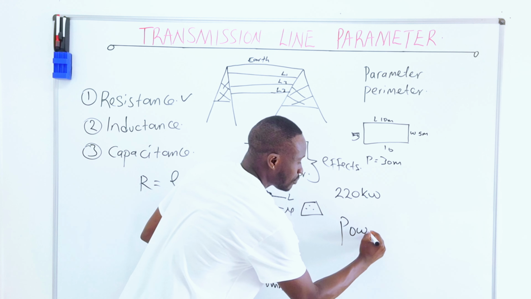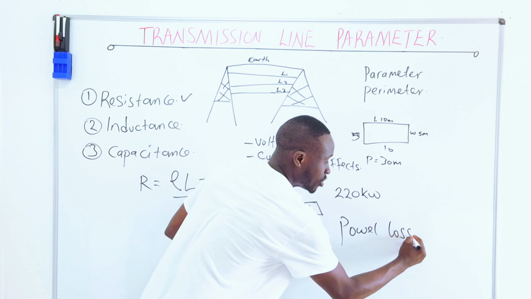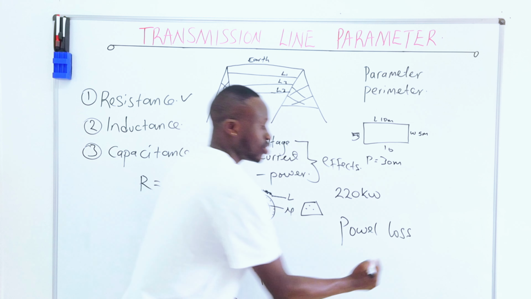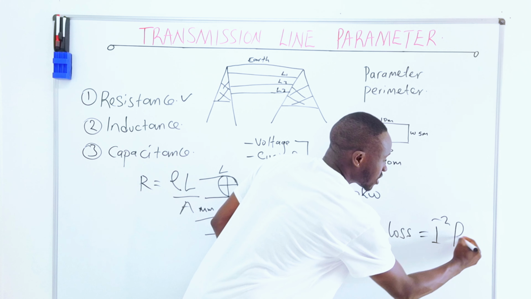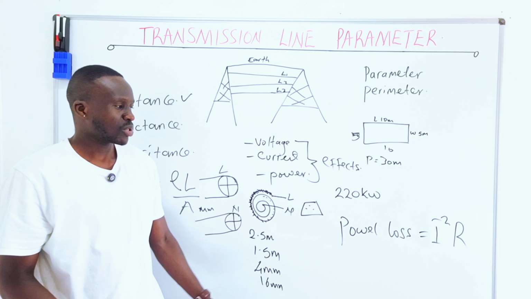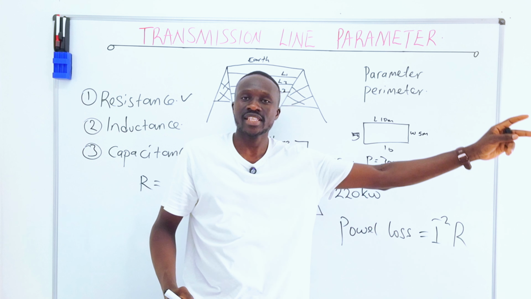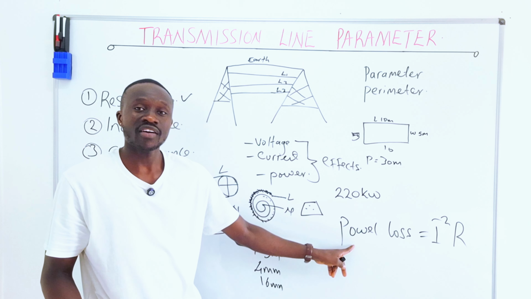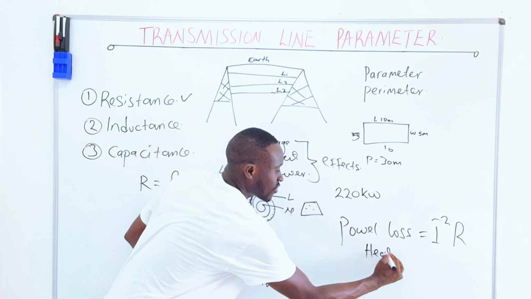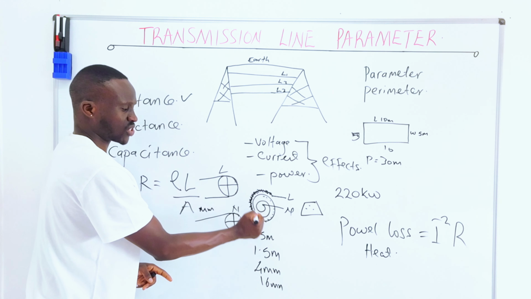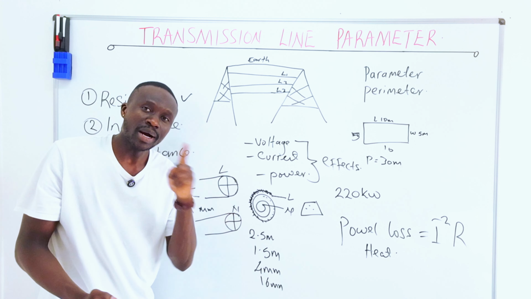We use the formula of current squared times resistance, because current is fighting with the resistance, and you will have power loss in terms of heat.